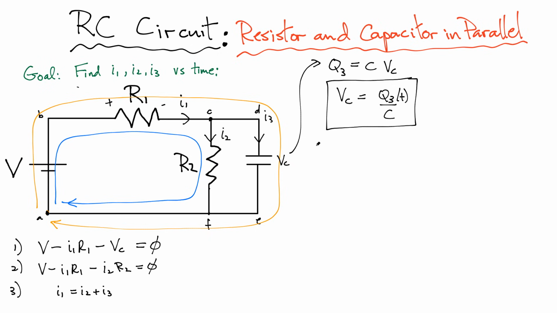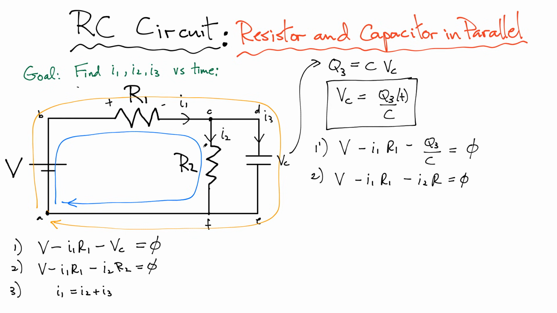That means that my new equation 1, let's call it 1 prime, is simply going to be V minus I1R1 minus Q3 over C. I'll drop the time label for now just because we're going to have to write that quite a bit. And that equals 0. If I write equation 2 right underneath it, the one thing we're going to notice from both of these equations is that these last 2 terms from both equations have to be equal to each other, right?